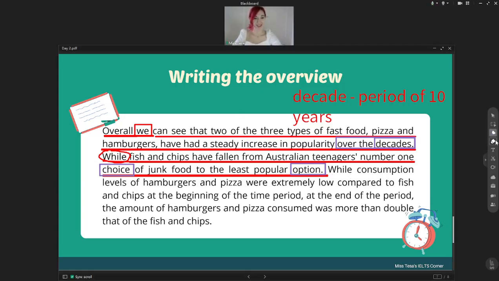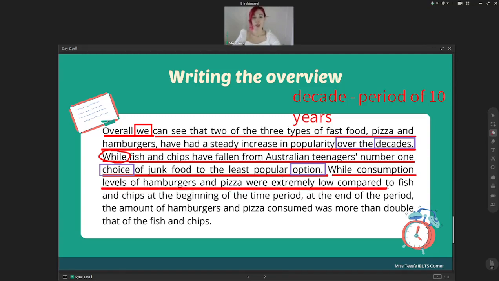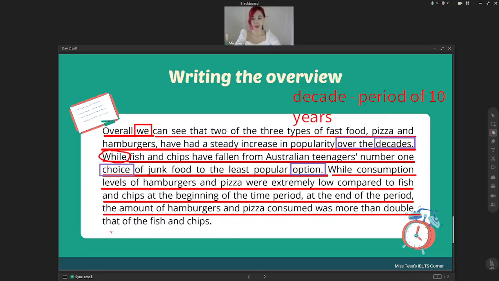Okay, let's take a look at the rest of the overview. So, while consumption levels of hamburgers and pizza were extremely low compared to fish and chips in the beginning of the time period, at the end of the period, the amount of hamburgers and pizza consumed was more than double that of the fish and chips.